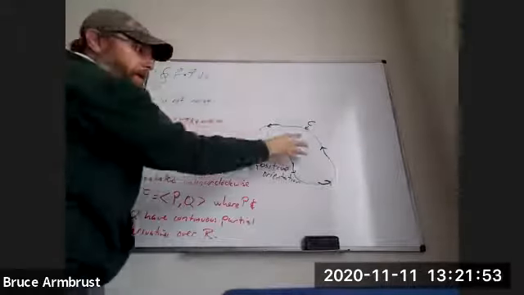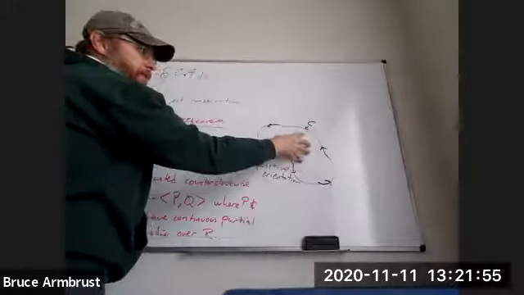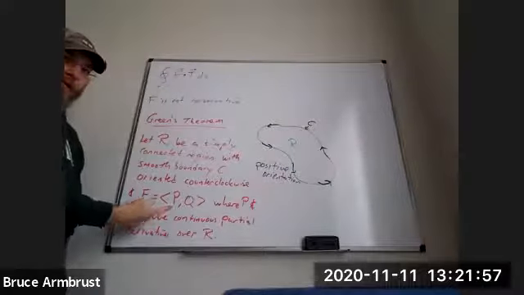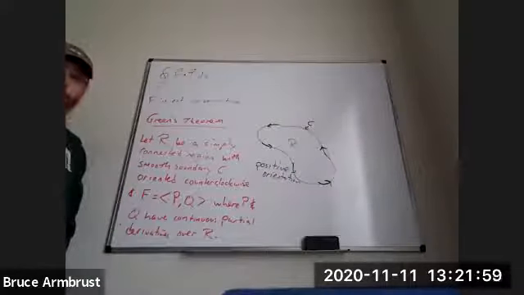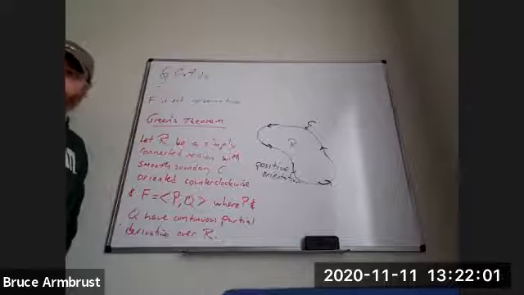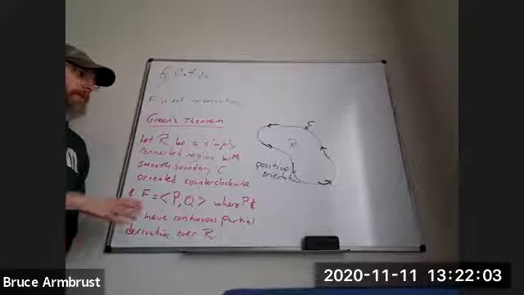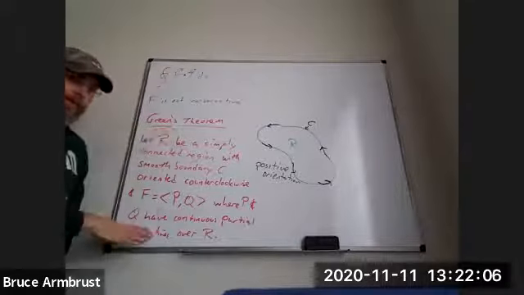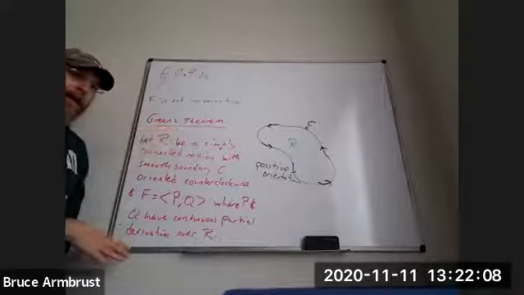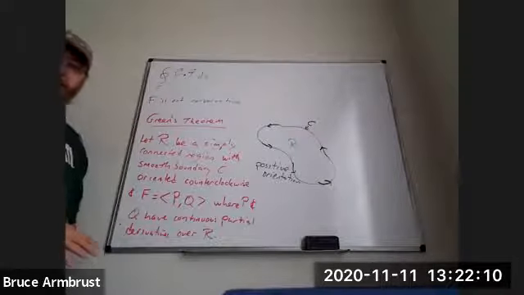I just need to make sure that in this region, P and Q have nice continuous partial derivatives. Okay, so this is all the setup. This is what we have to have in order to use Green's theorem.